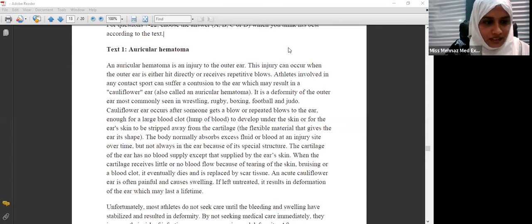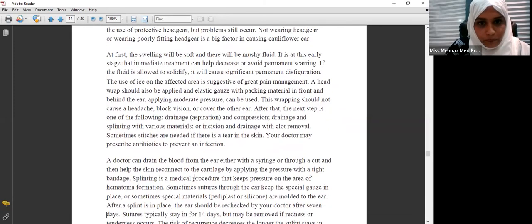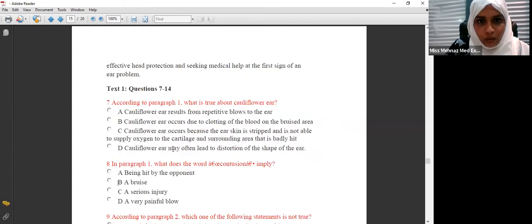It's okay. We will start. I will explain why. Let me see first. B says cauliflower ear occurs due to clotting of the blood on a bruised area.